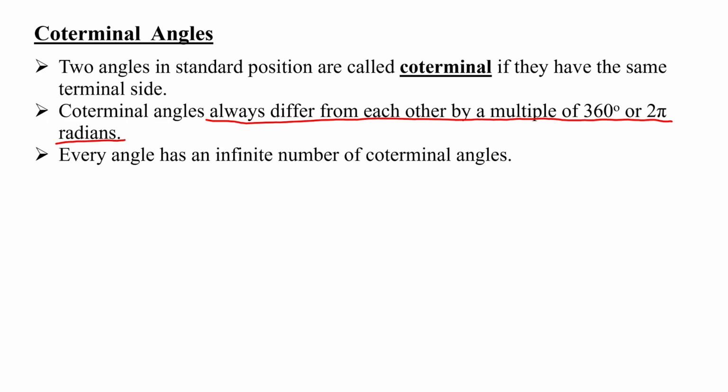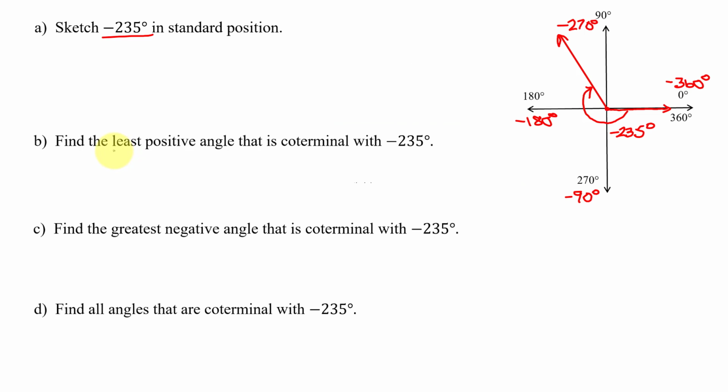So looking at our problem, to find the least positive angle that's coterminal with negative 235 degrees, I'm going to have to add 360 degrees so I land up with a positive angle.